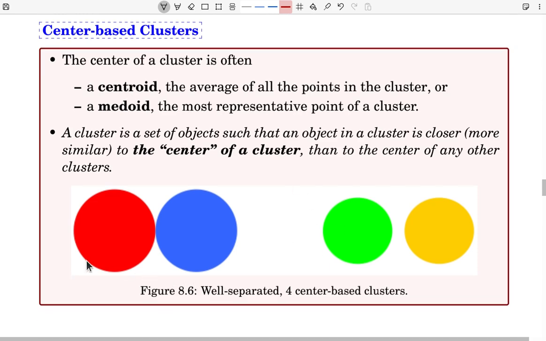Now, these are well separated for center-based clusters. Once it is well separated, then center-based clusters are of more regular shape, because each point will be assigned to the nearest center. So it is distance-based assignment and organization of clusters, so that the shape of clusters are more regular than other type of clusters.